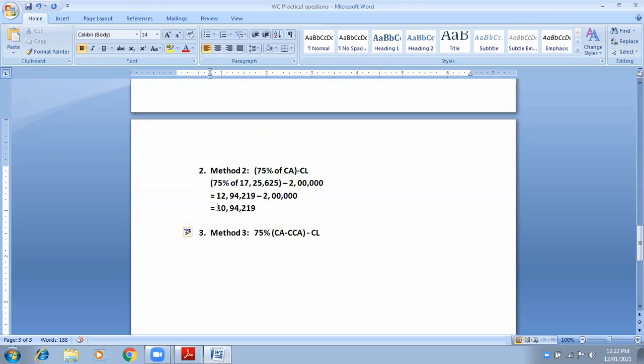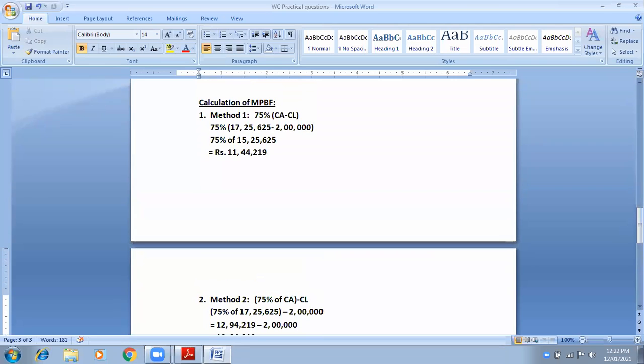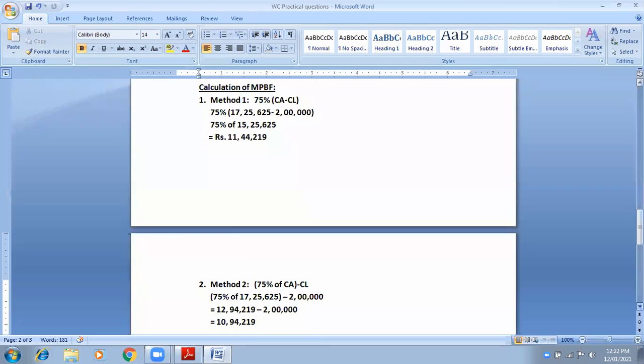So the answer will be the same, no? That is why this method number 3 is not recommended here. Is it clear, everybody? Yes, ma'am. So this is how you have to do. Complete this method number 2 also and let me know when it is done.